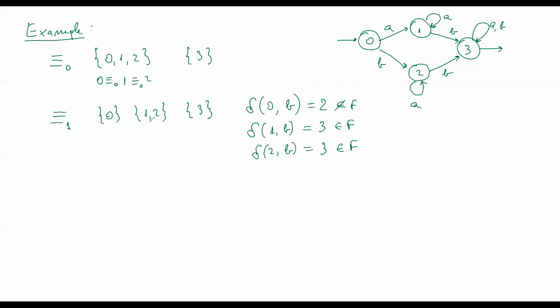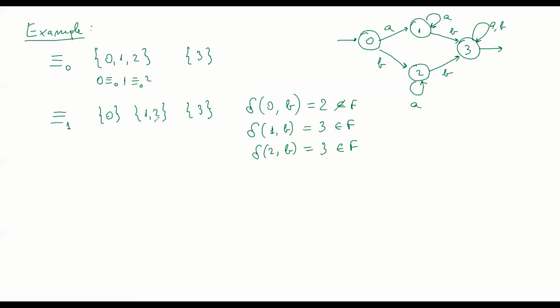And it's not too difficult to check that, in fact, I cannot distinguish with words of length 1 among these ones, because taking letter A brings me back to the same set, and taking letter B brings me to the same state no matter where I start from. So it doesn't help.